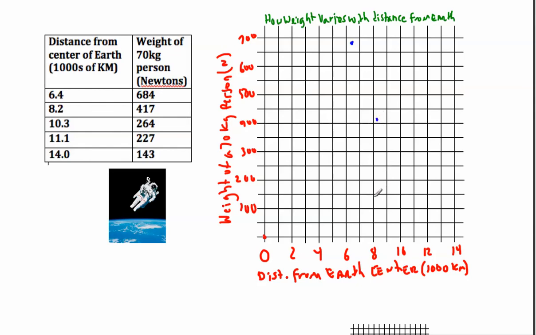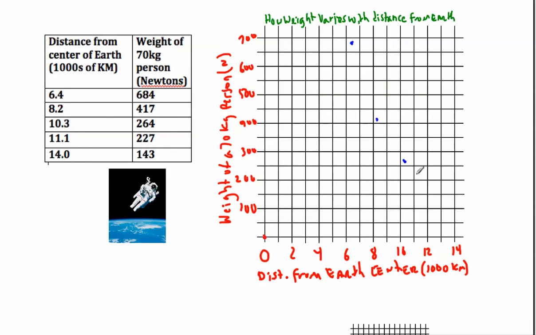Okay, our next data point, we need to have 10.3 and 264. 10.3 and 250, 264 is going to be right about there. Then we need 11.1. There is 11. 11.1 is a little more than 11, but not much.